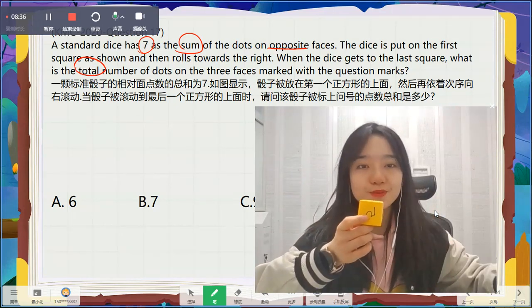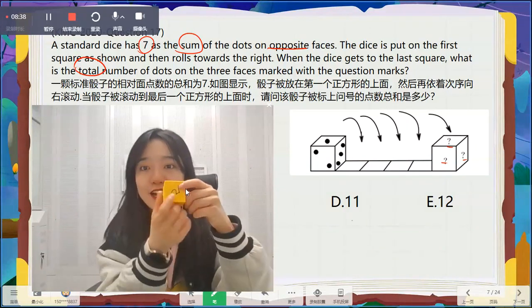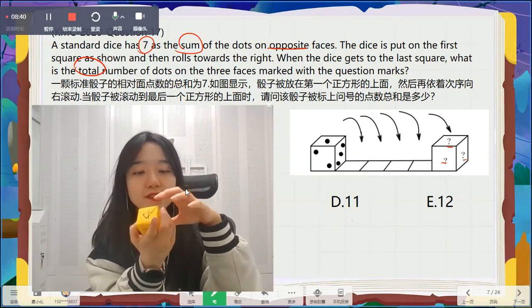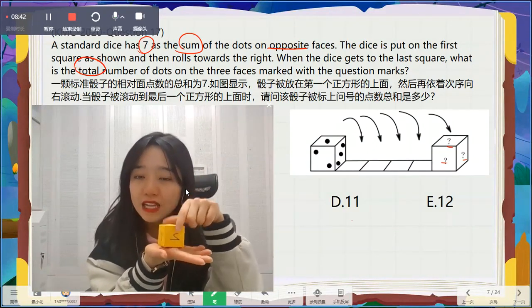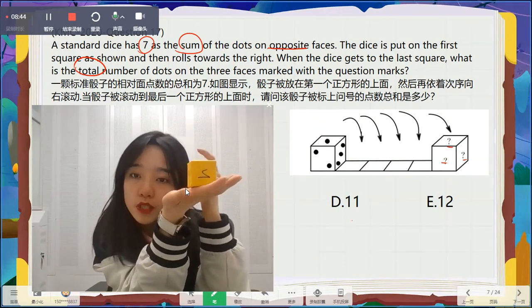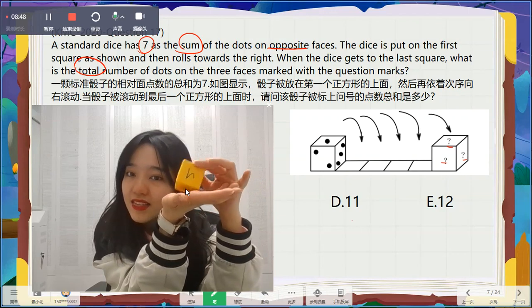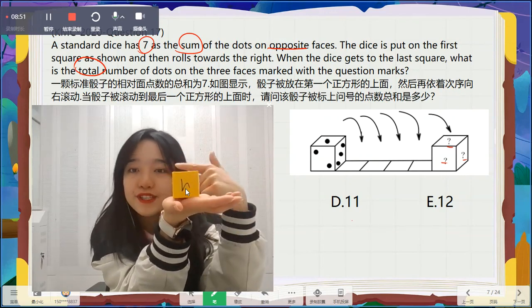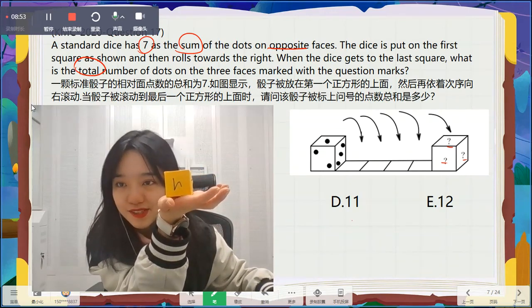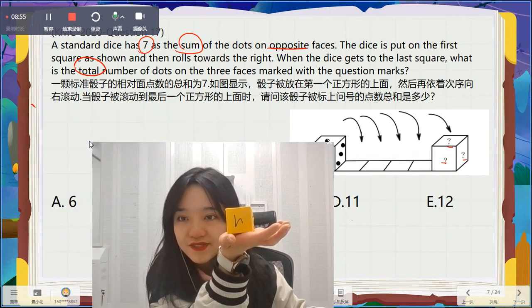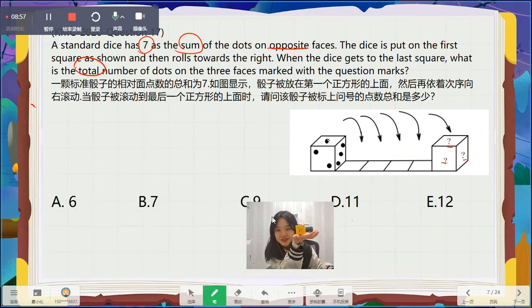And now we know the first one, the front face, is 2. And when we move it towards right, it should turn like this, and this. Always towards the right in this question. And let's find each face first.